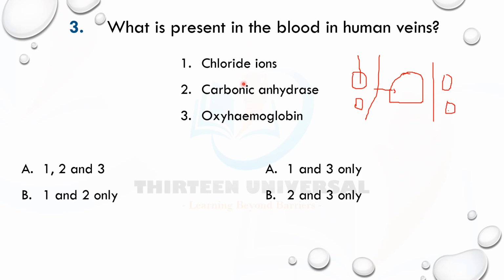So all three are in the blood in human veins. All veins transport deoxygenated blood, which has chloride ion due to the chloride shift. Carbonic anhydrase is always there because it's in the red blood cell. Oxyhemoglobin will also be there because deoxygenated blood also has some oxygen, though a low amount. So the answer is A. All three of them will be there.